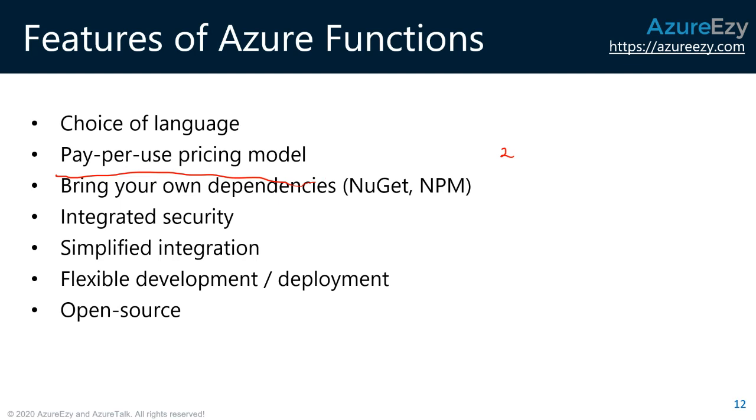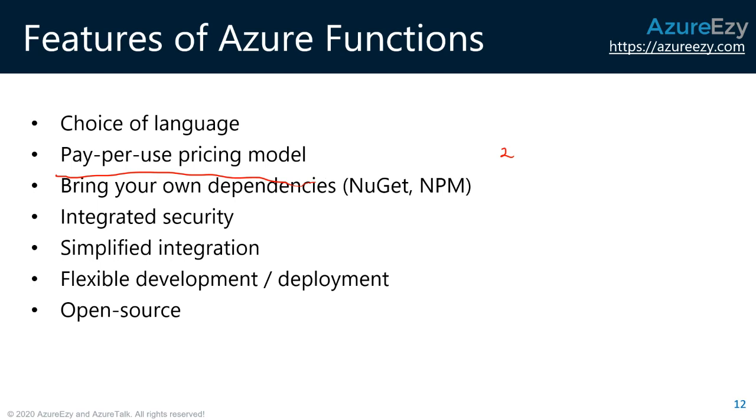A consumption-based plan provides automatic scaling up and down to meet changes in demand. You only pay for the compute resources when the function is running. If my function is in Azure Function but there is no transaction, it means nobody is using my function, then you don't need to pay for that. So that's where the consumption plan goes into the hosting plan or the pay-per-use pricing model.